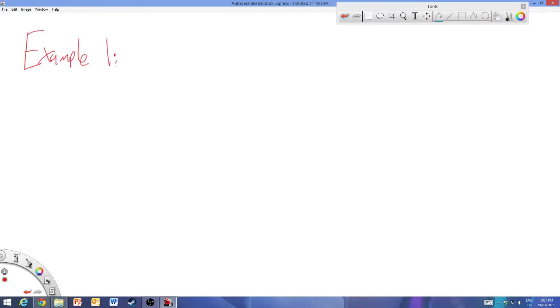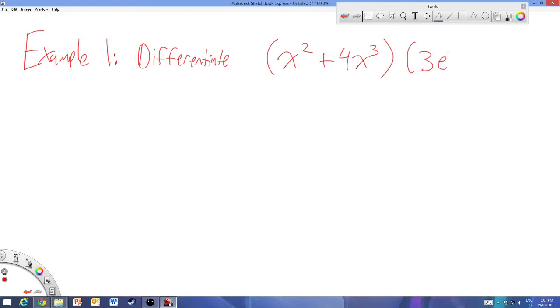Example 1. So, using product rule, let us differentiate, or find a derivative of, let's say, x squared plus 4x cubed times 3e to the x plus x to the negative 4.